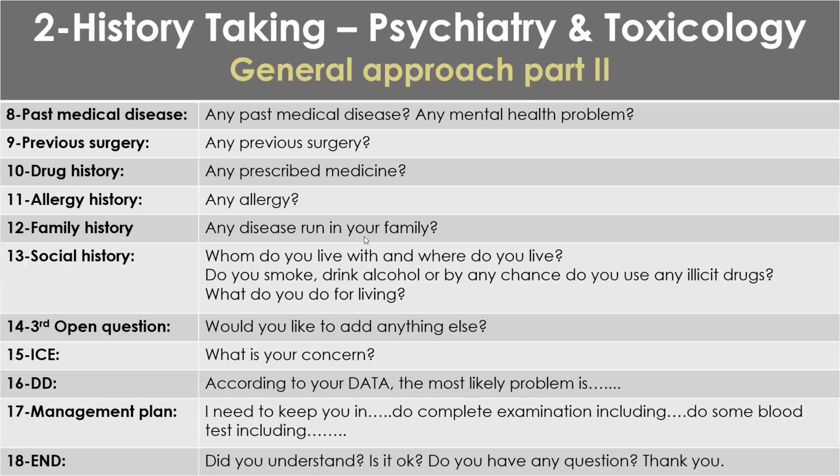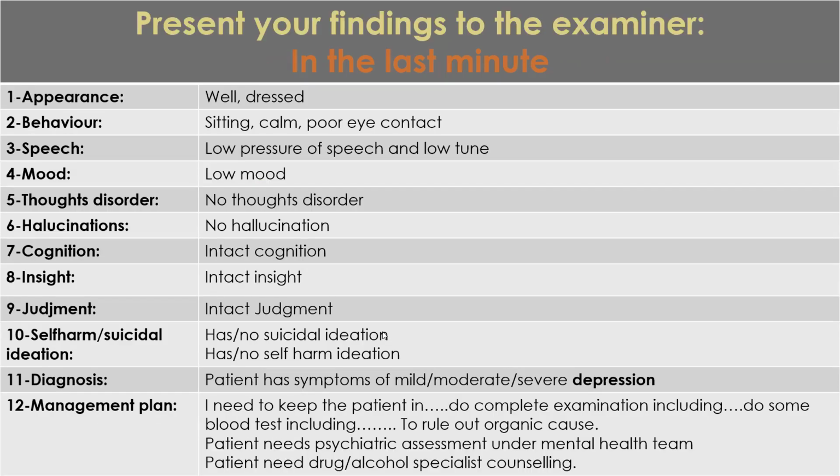Well done. Then the general approach part two you did also. You presented your findings to the examiner, so the patient is well dressed, sitting calm, poor eye contact, low pressure of speech, low tone, low mood, no thought disorder, no hallucination, intact cognition, intact insight, intact judgment, but you did not mention they are intact. Yes, you ask the questions, but you did not mention that in the presentation.